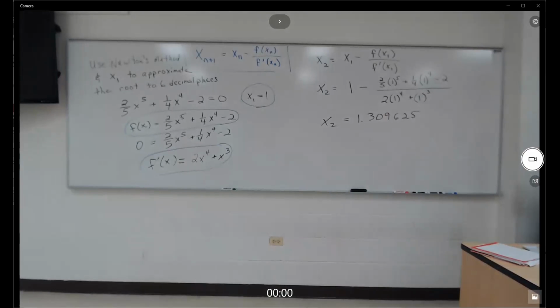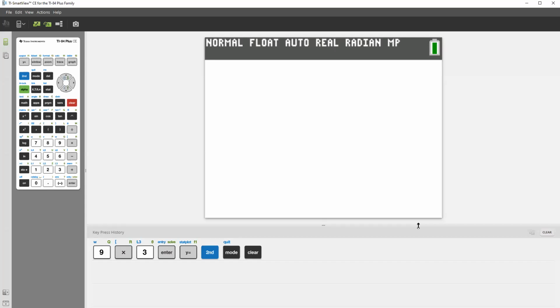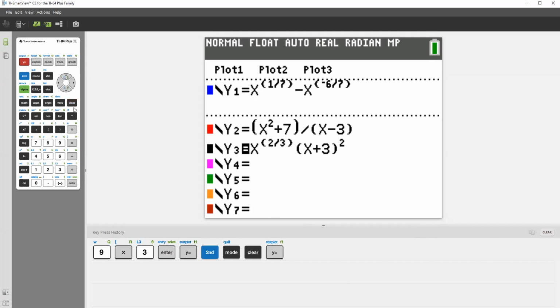I'm going to do a new share. Okay, you guys can see that. All right, so you guys out there, you're going to have to listen. Here's what we're going to do. You go to y equals, and if you have anything there, clear it out.